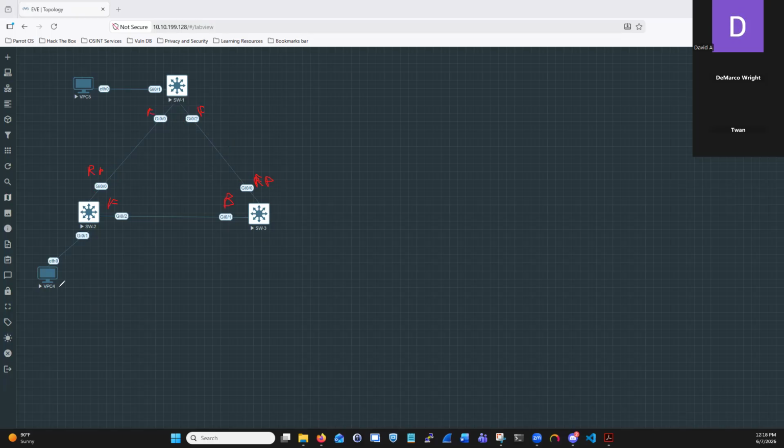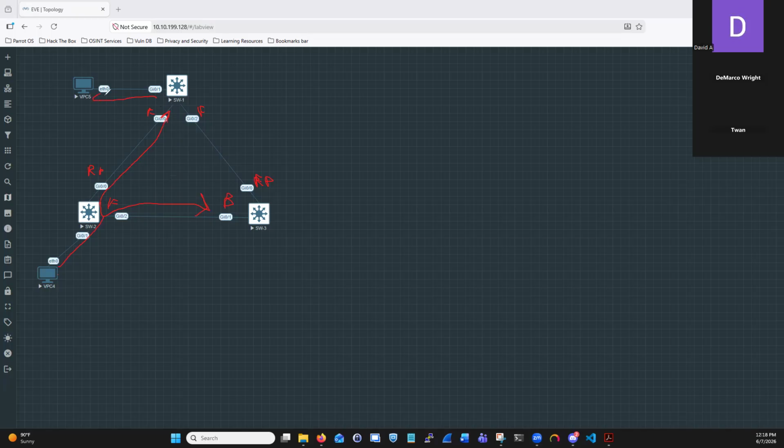So now, if PC4 is sending traffic to PC5, boom. Even by accident, traffic is going to get there and it's going to be dropped, right? Switch 3 is going to say, hey, I'm blocking any traffic that's coming here, except for BPDUs. I'm going to send it up here because I only have two ways to get there, right?